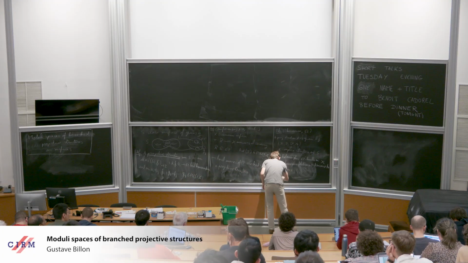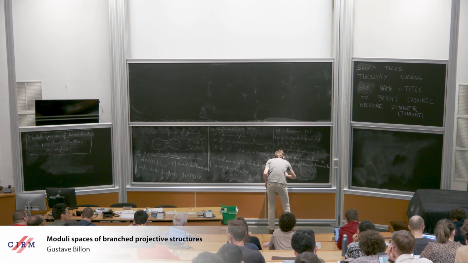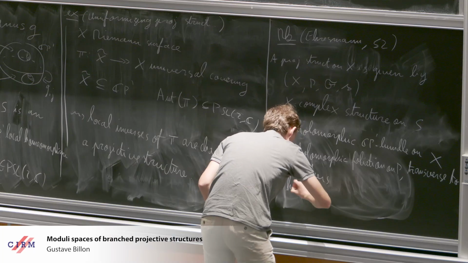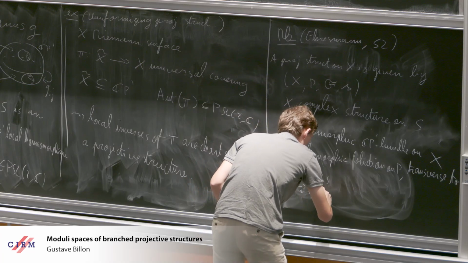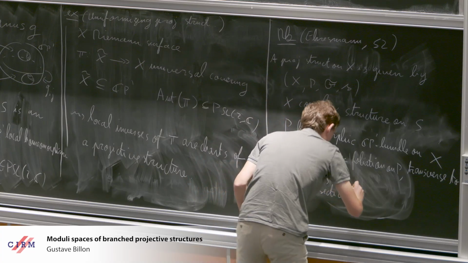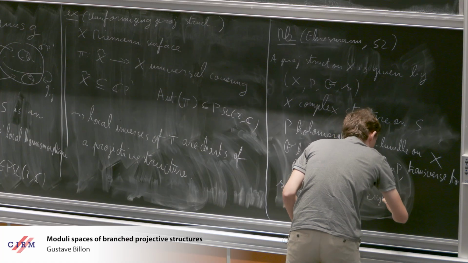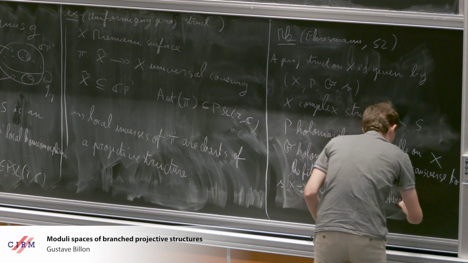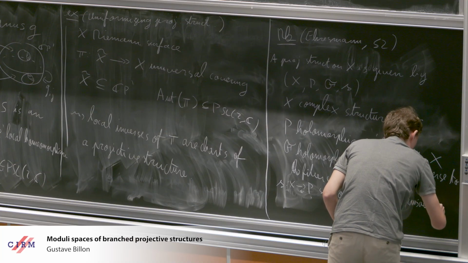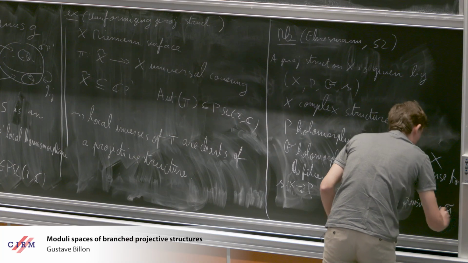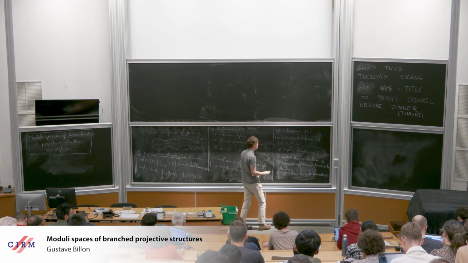So S, a holomorphic section, say from X to P, a section everywhere transverse to F. Okay, so how do you see this equivalence?